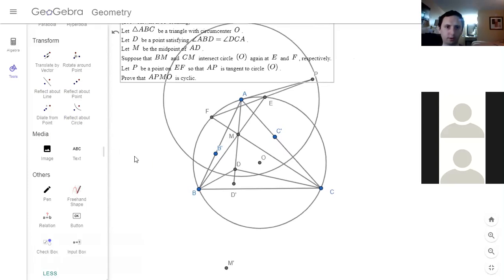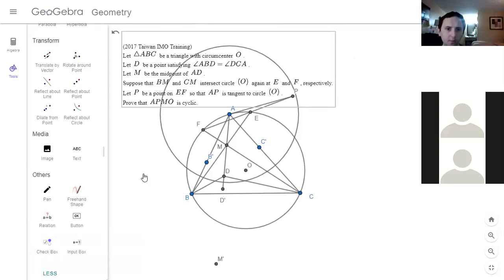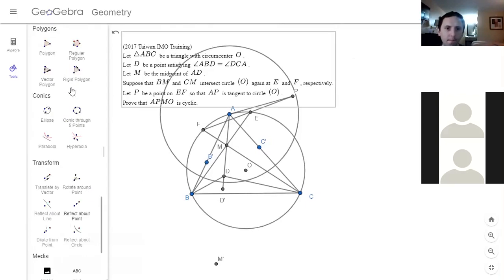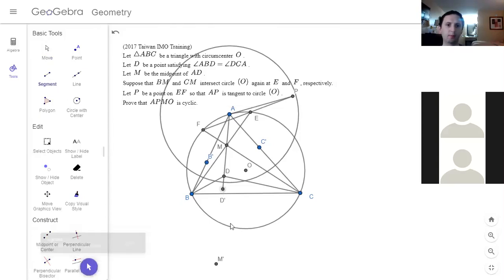Let me shrink it a little bit. So now D prime is the midpoint of A M prime. And we have an angle bisector here. So I'm going to show it.